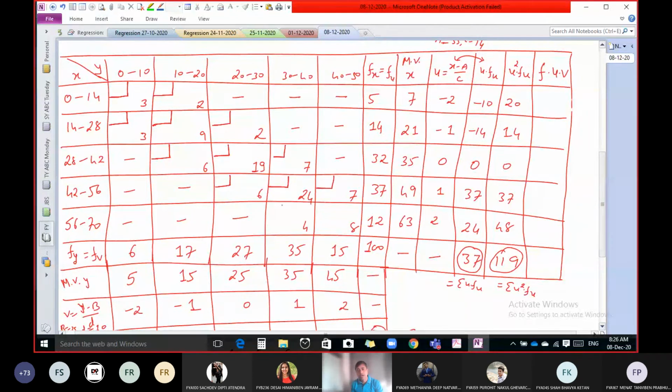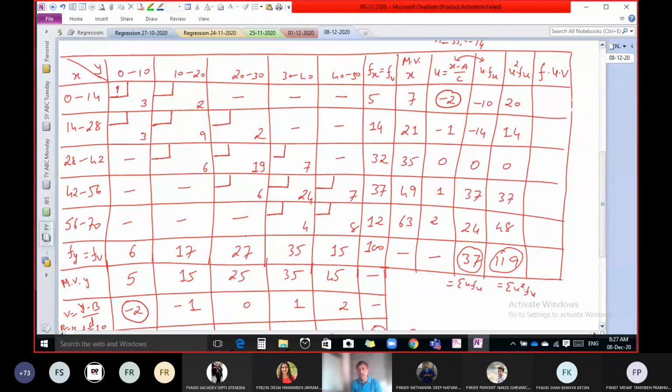Now after that, how to calculate the value in that cell? See, for this value, how to calculate it? Listen carefully. The corresponding value of u is -2. For this, the corresponding value of v is -2.